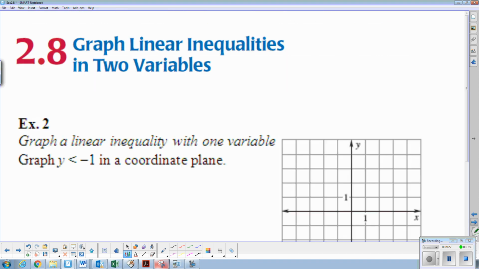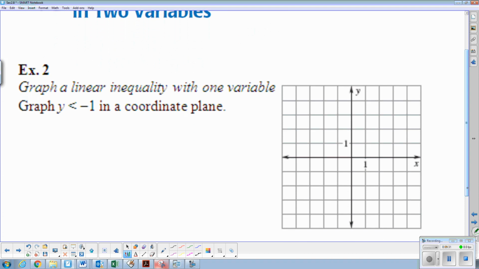So let's try a couple together. Here we're going to graph the inequality y is less than -1 in the coordinate plane. The first thing we're going to do is graph the boundary line. So let's graph y equals -1. Here's y at -1.